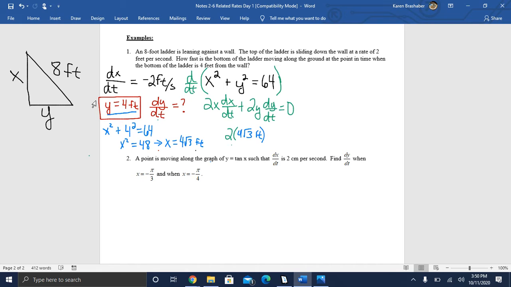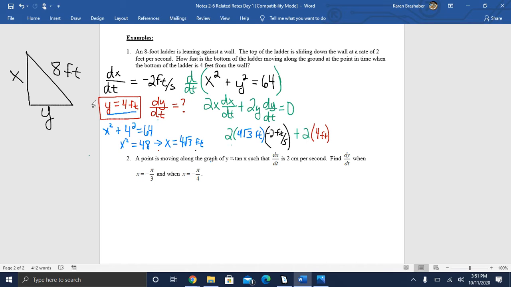My dx dt was given to me. That was -2, and that was in feet per second. So this is multiplied. And then I have plus 2, and then my given y value, and that was a 4. That's in feet.